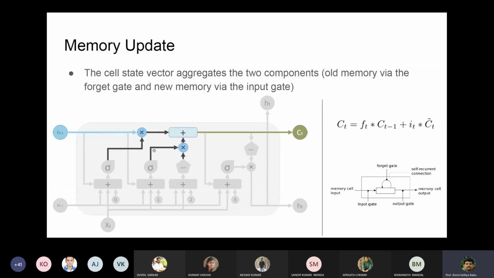It is the input, deciding which new input needs to be stored or not. ct bar is the new candidate; you multiply element-wise and then add. This is it into ct bar plus ft into ct minus 1. This is the output ct that you get, scaled by how much we decide to update each state.